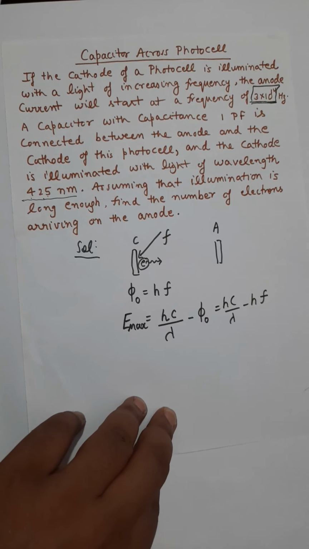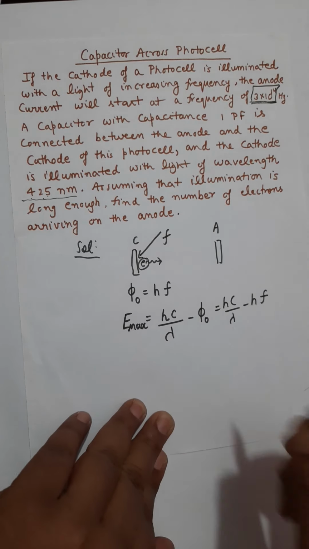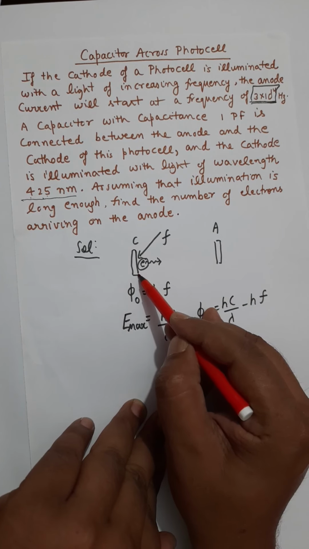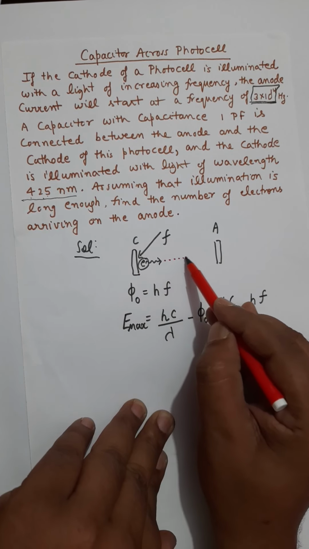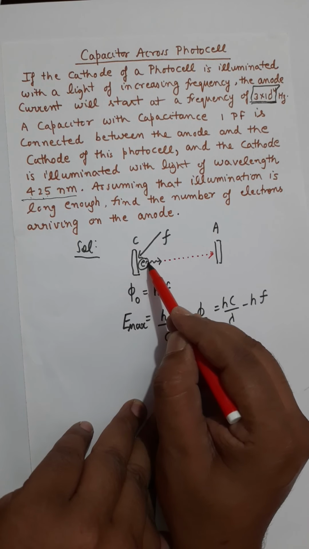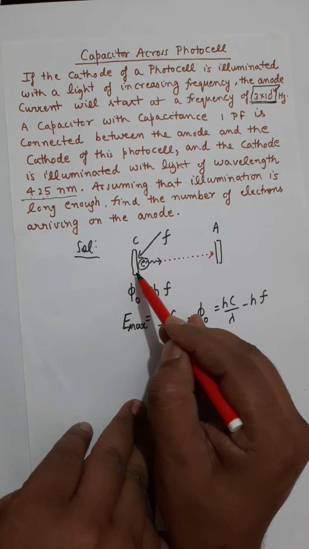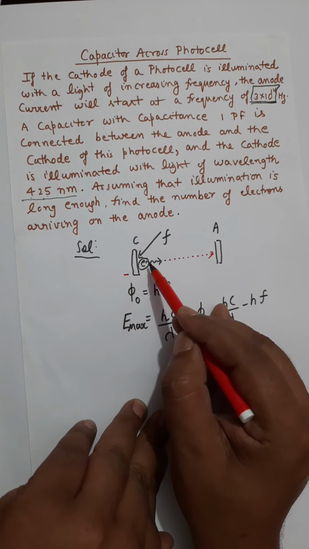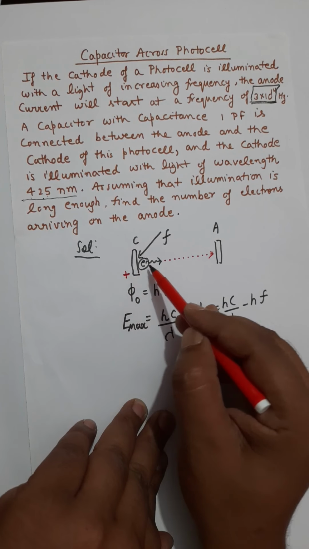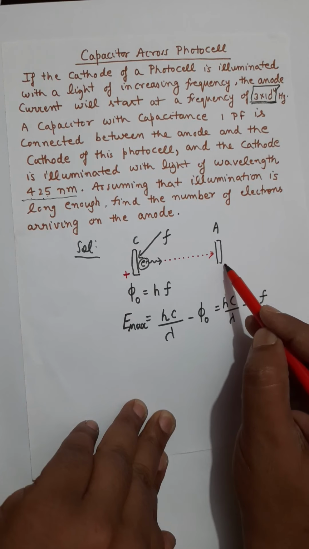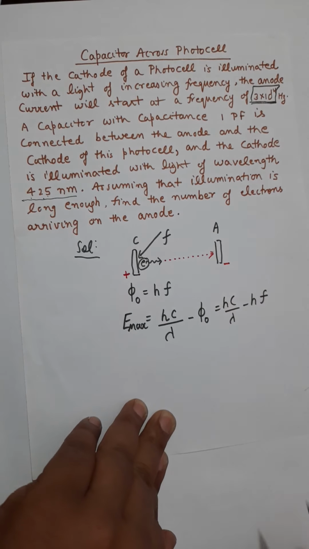Now listen. As the electrons are emitted from the cathode and received by the anode, the cathode slowly becomes a positively charged plate, and the anode slowly becomes a negatively charged plate.